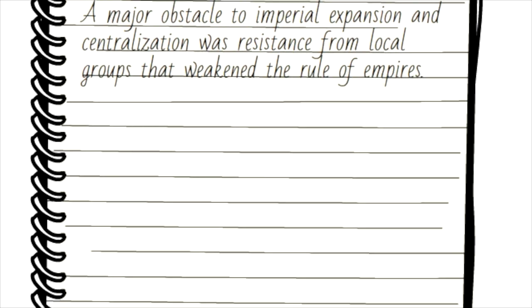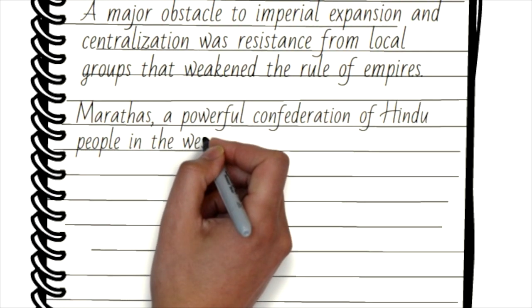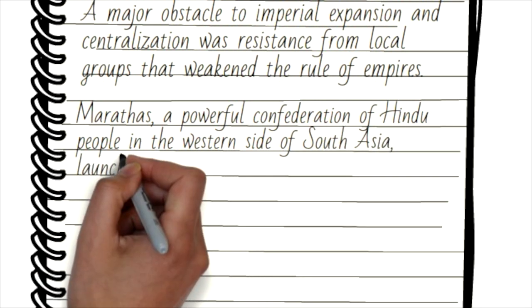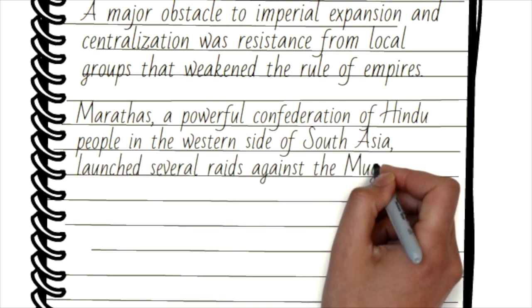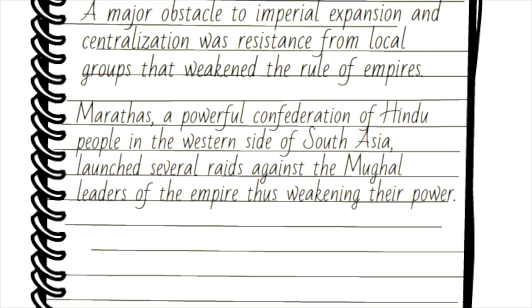Now, how would you deal with Marathas? You could put this: Marathas, a powerful confederation of Hindu people in the west side of South Asia, launched several raids against the Mughal leaders of the empire, thus weakening their power. I want you to notice something about this sentence that we're using in this paragraph. This is the format of the appositive connections that you did all last semester.